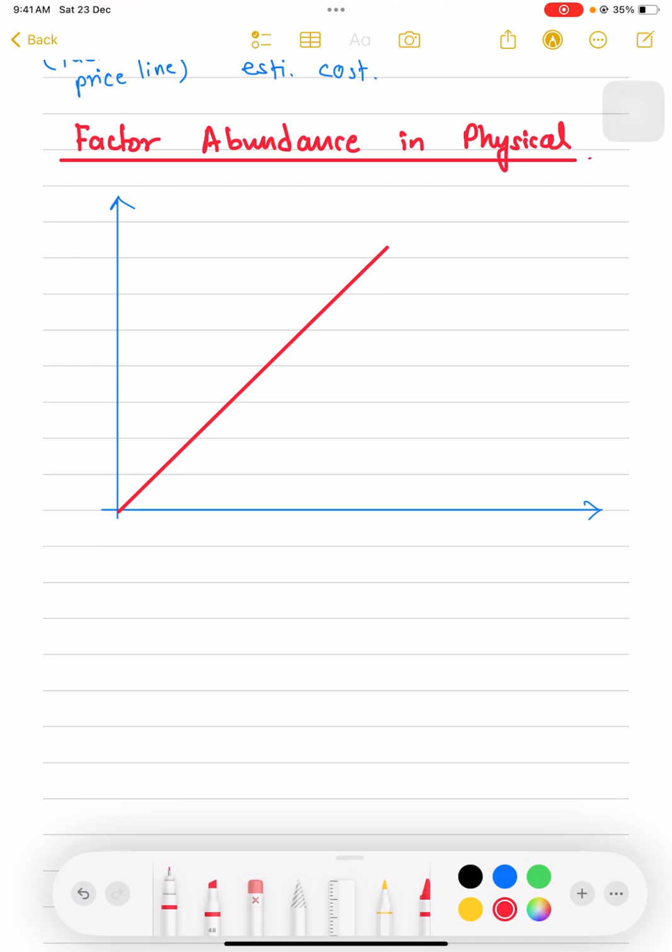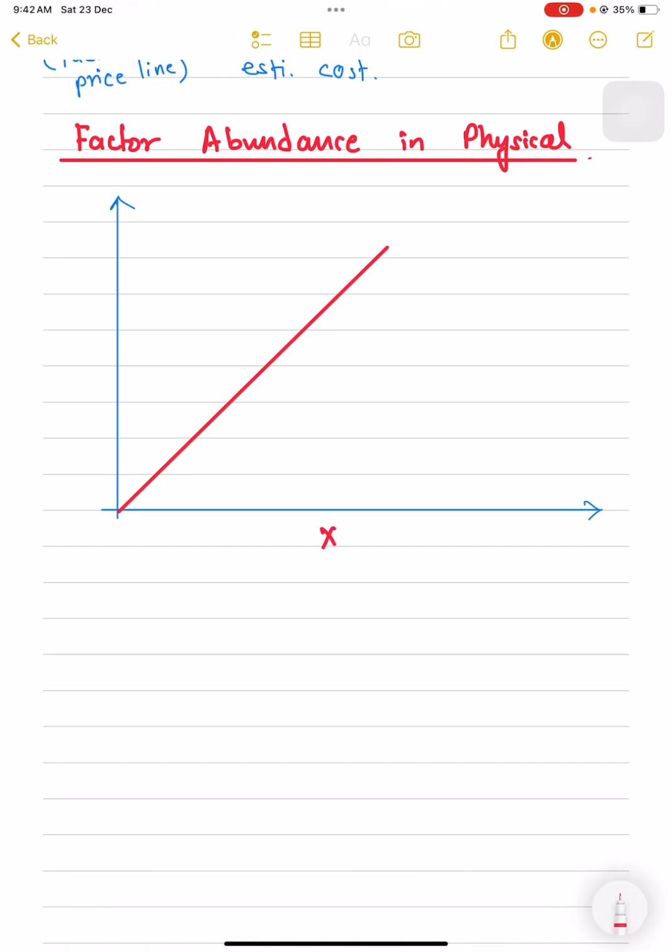Now here we will require a production possibility curve, a combination of labor and capital. Commodity X is measured on the X axis and commodity Y is measured on the Y axis.